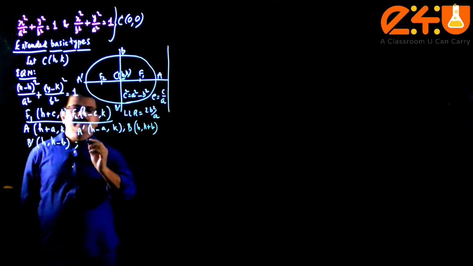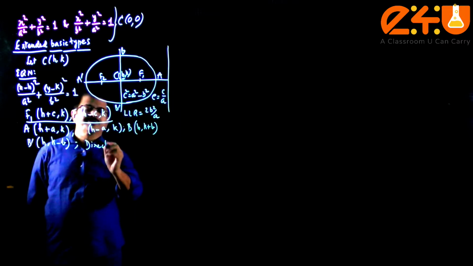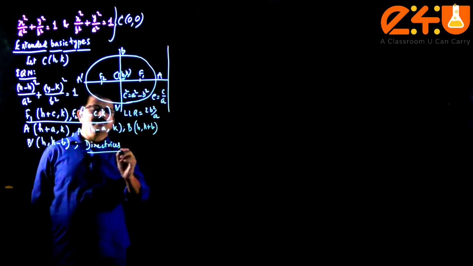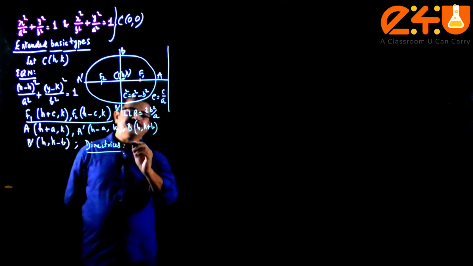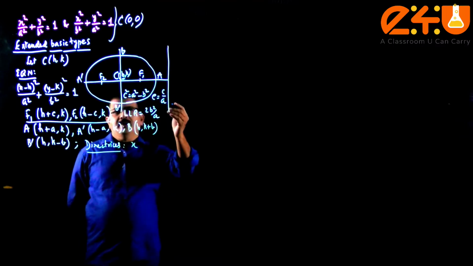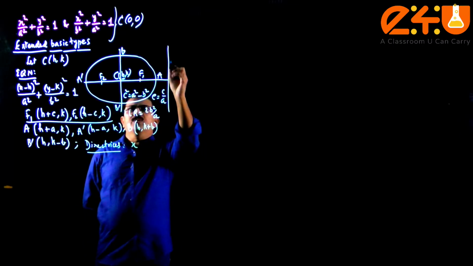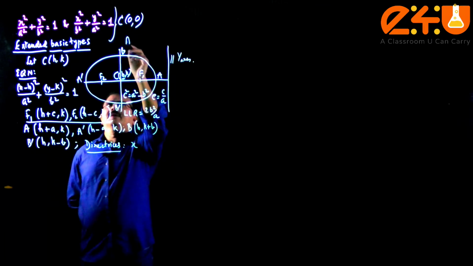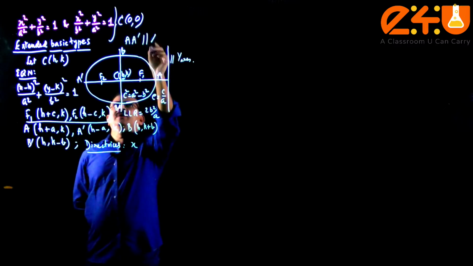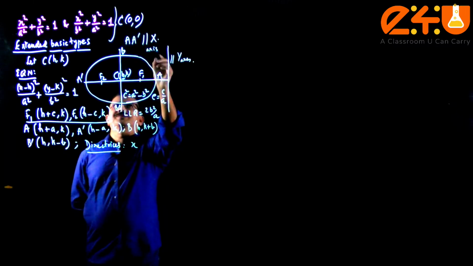And what about the directrices? So the directrices, their locations are changed, so the equations will change, but still understand that they are parallel to y axis, and the major axis is still parallel to x axis.